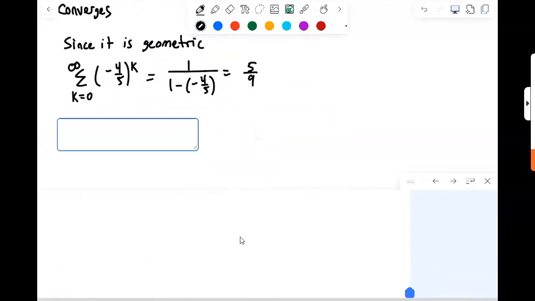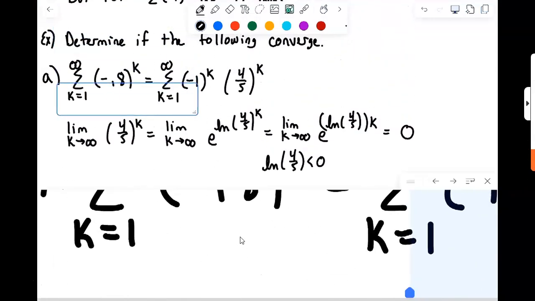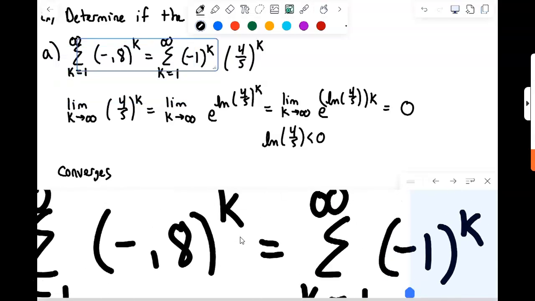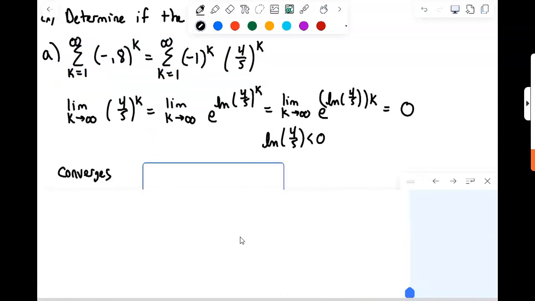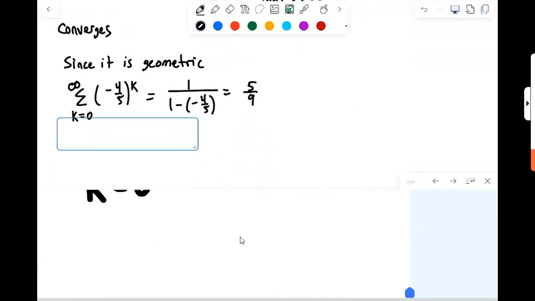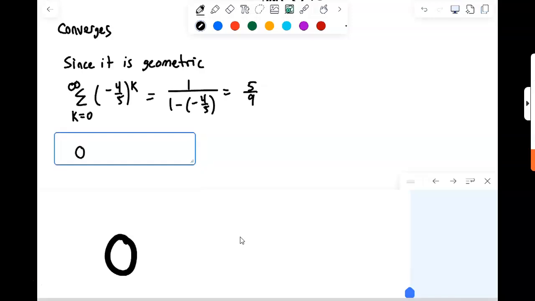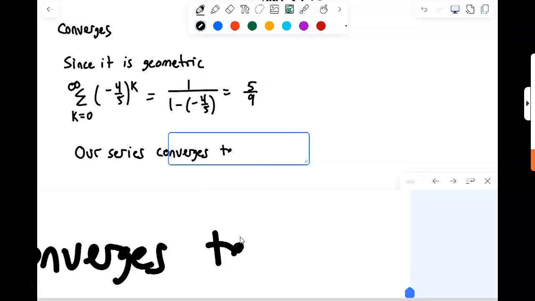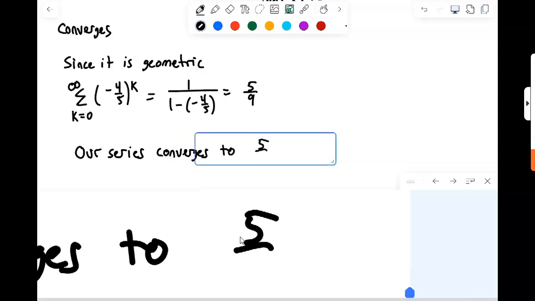Our series then, which starts at 1, is leaving off the first term, which is a 1. It's leaving off the 1 from the original series. We can then say our series actually converges to 5/9 minus 1.